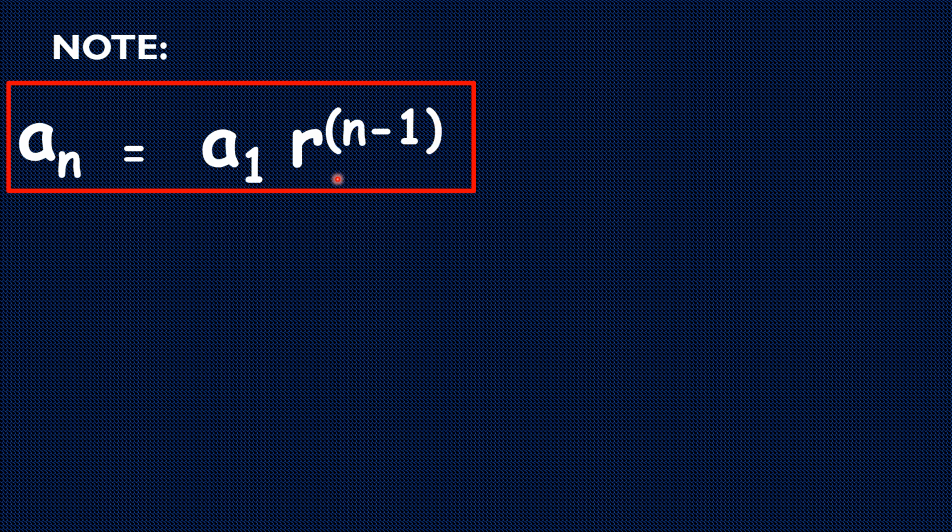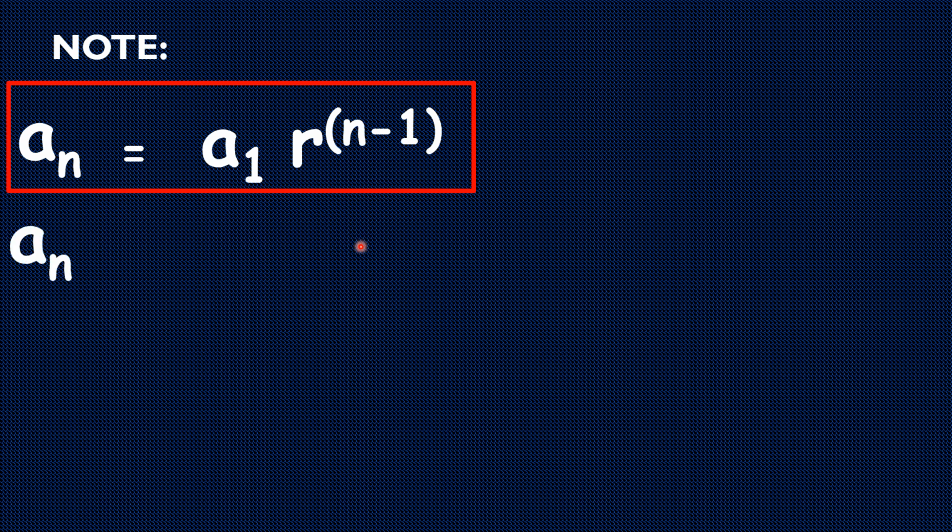So it's only the common ratio you are raising to this power, and you're raising it to 1 less than the nth term. If n is 5, for instance, it will give us A subscript 1, which is the first term, multiplied by r raised to power 5 minus 1. And 5 minus 1 is 4. So you're saying A1 multiplied by r raised to power 4 in the situation where n is equal to 5.